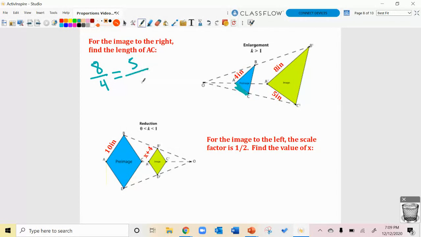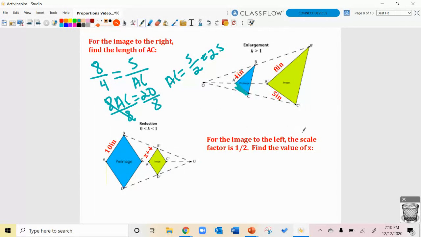Equals 5 over AC. And then I can cross multiply. 8 times AC equals 20. Divide by 8, and I get that AC is 5 halves, or 2.5, which you might be able to recognize intuitively. 8 over 4 is 2, so 5 over what is 2 is really what's happening there, which is great.